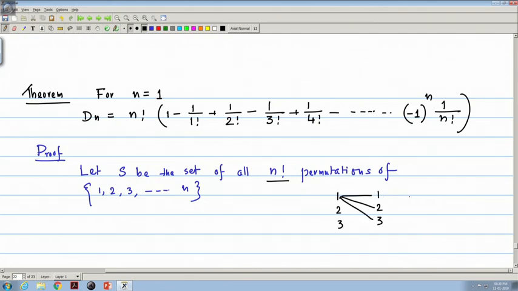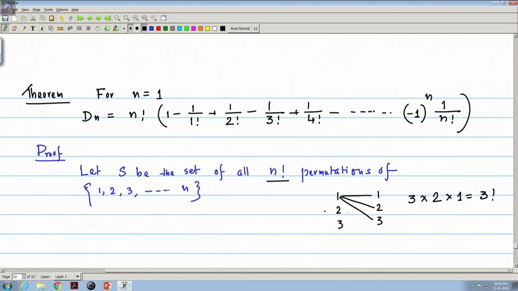So for the first, it can be 3 positions, but once one is placed, for 2 it is only 2 positions. Similarly, once 1 and 2 are placed, 3 has only 1 place left. So this is 3 into 2 into 1, which is 3 factorial.